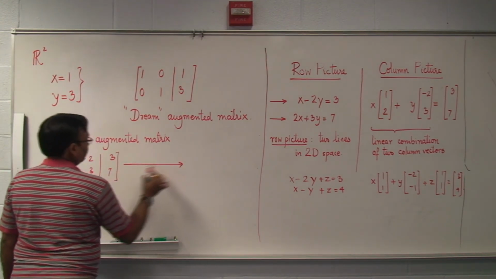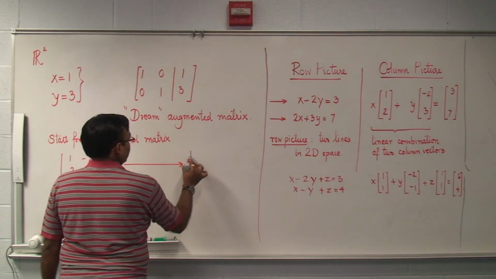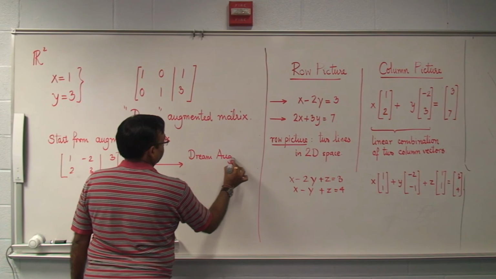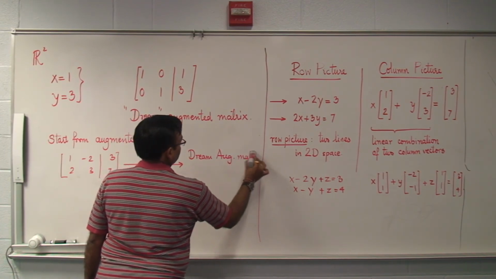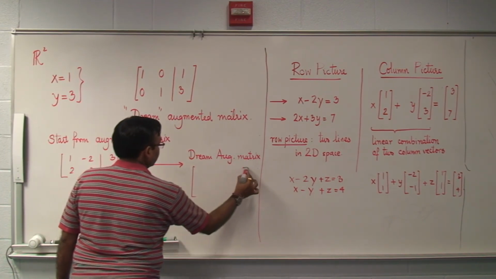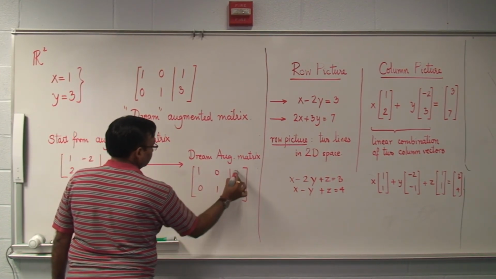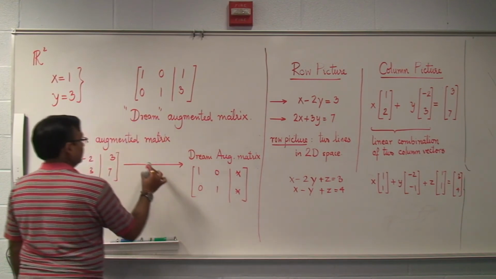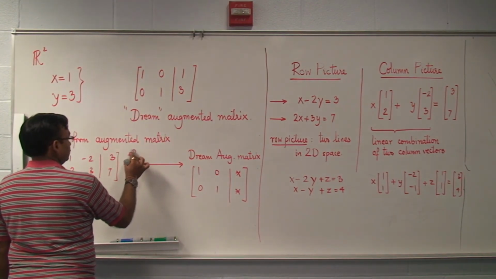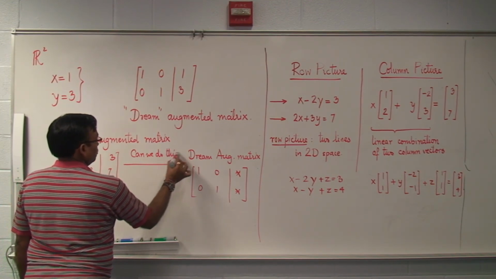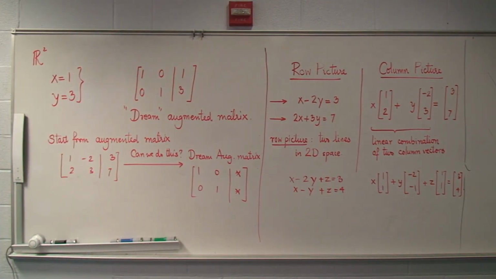Question is, can we do something to achieve a so-called dream augmented matrix? That means, can we somehow do something which can lead us to a situation like this? Can we do this? If we can do this, then as you can see, we will be able to get our solution.